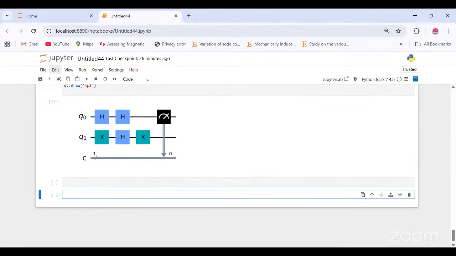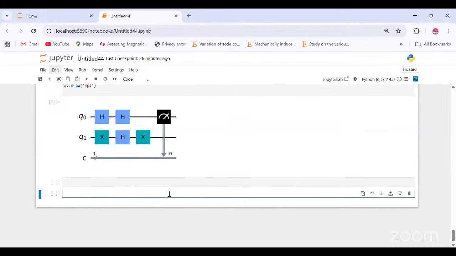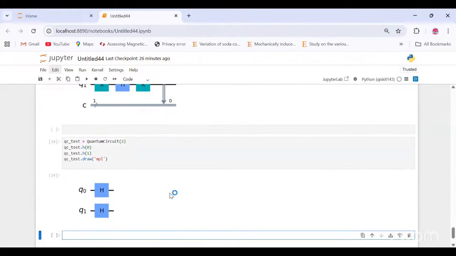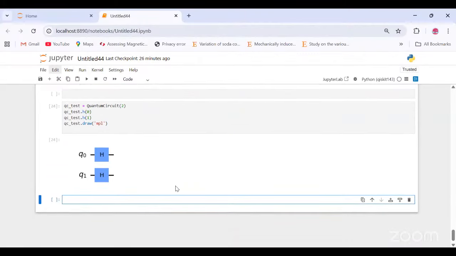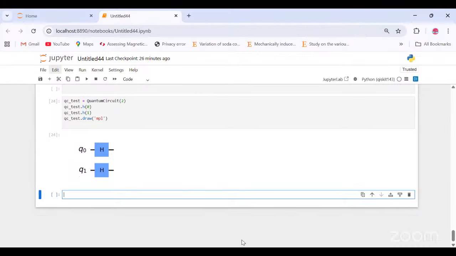So all the circuits we have implemented here, if we want to check, yes, that is Q0, Q0 and Q1. That is applying on the first Hadamard gates.